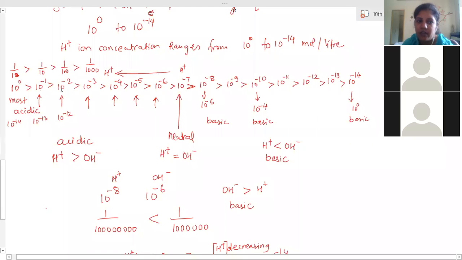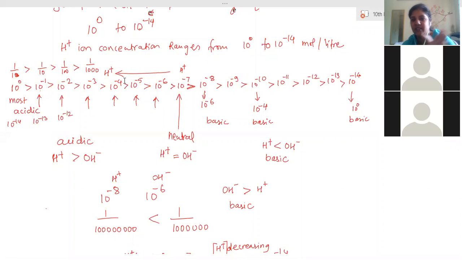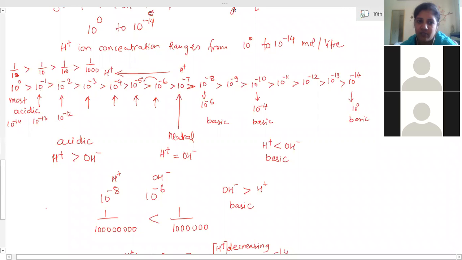Now 10 to power minus 2 and 10 to power minus 4, if you compare, which one is more acidic? 10 to power minus 2. That means acidity slowly goes on increasing by 10 times. From 10 to power minus 6 to 10 to power minus 5, what is the difference? It is a 10 times difference.